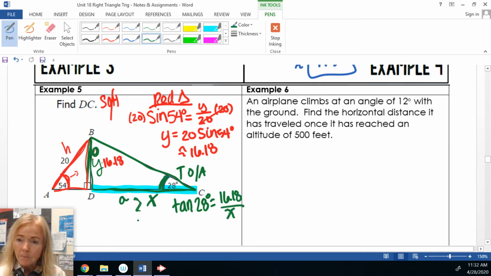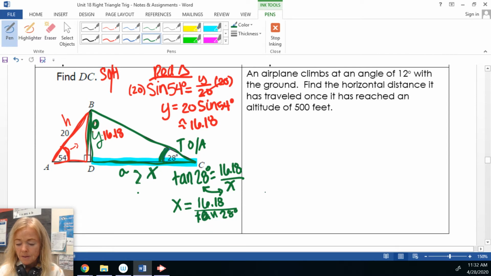So X is on the denominator. When X is on the denominator, we switch those to solve. X is, we leave the 16.18 alone and replace X on the bottom with tangent 28 degrees. So if I just take that number that's already in my calculator, that's going to have at least 6 decimal places, and that will be more accurate than just typing in 16.18.